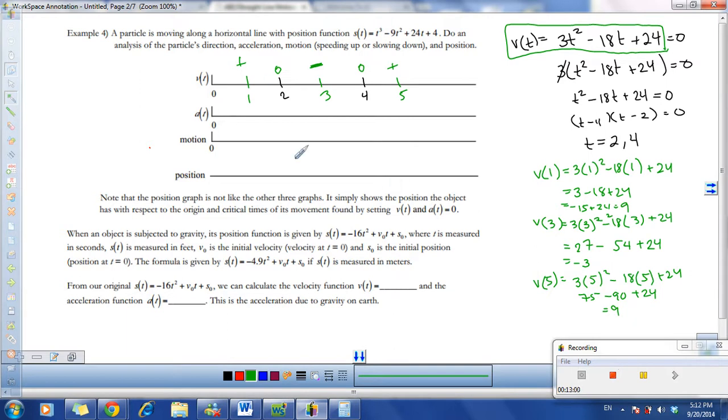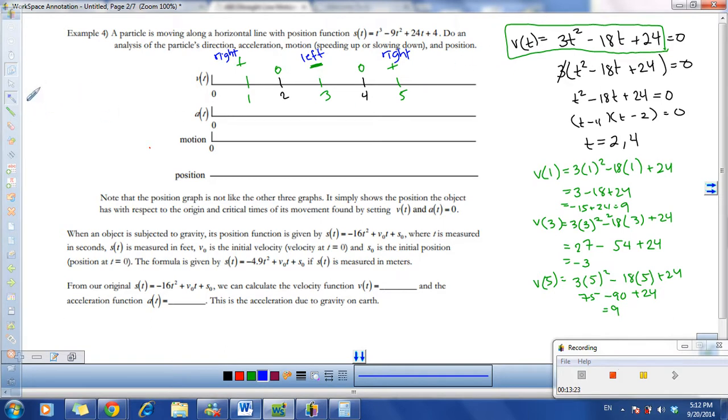Okay, so what does that mean? That means I'm going right, then I stopped and turned around and went left, stopped, and then went right again. Okay, so now let's check out our acceleration. How do I find the acceleration function? Well, that's the derivative of my velocity, or the second derivative of my position function.